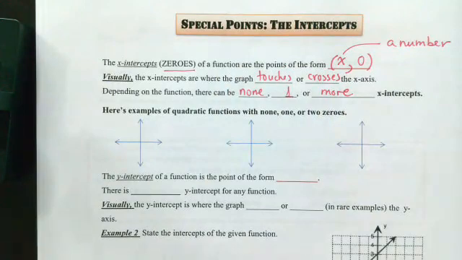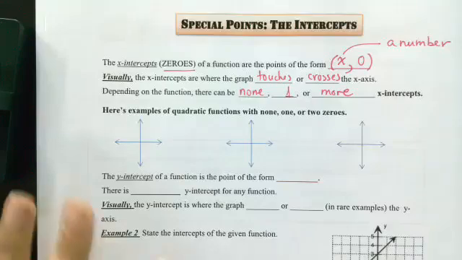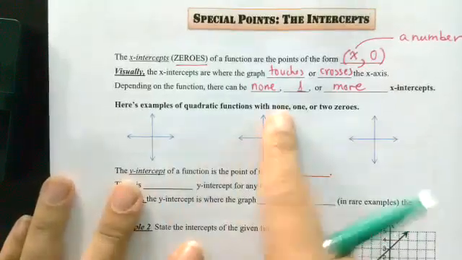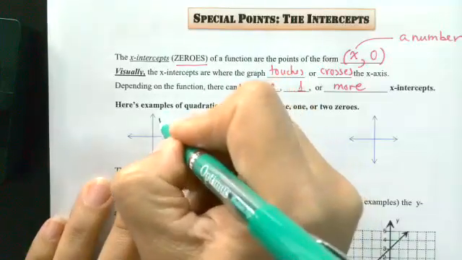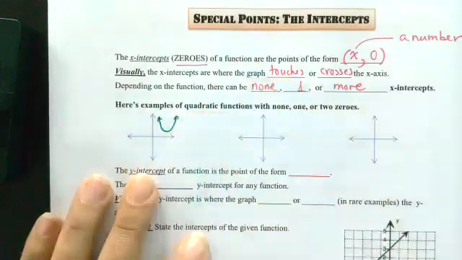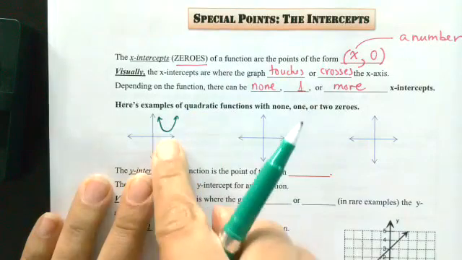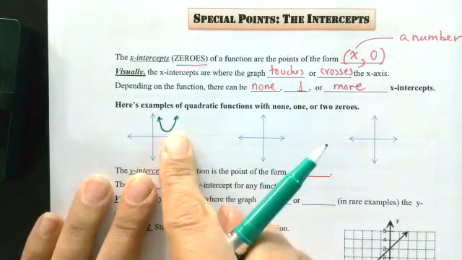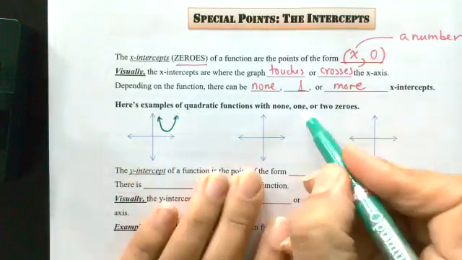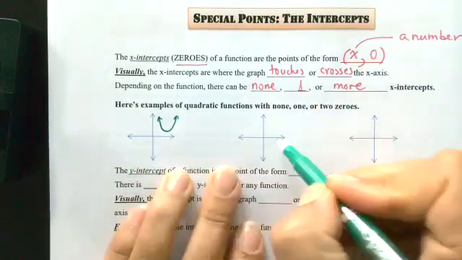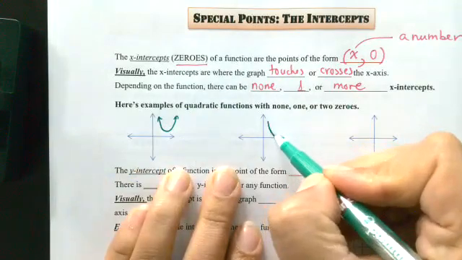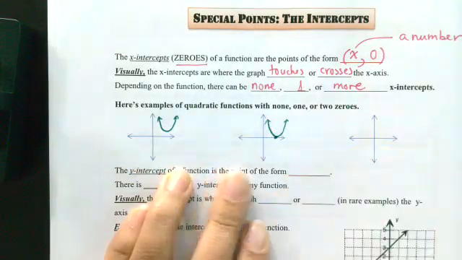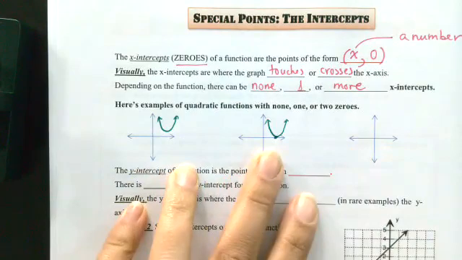So you can see there's different situations for different functions. So when we have none, the parabola will look like that, either upwards, so you can see it doesn't touch the x-axis, right? So no x-intercept, no zeros. If it has 1, the vertex is going to be touching the x-axis, so that's going to be the x-intercept right there at the vertex.